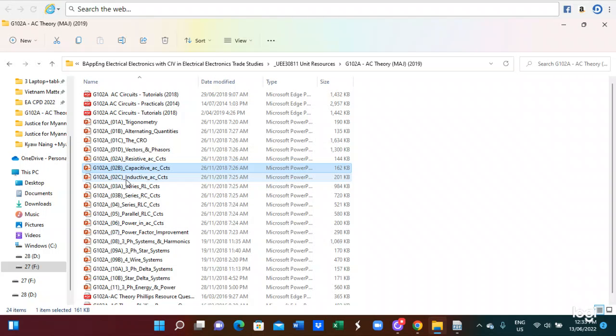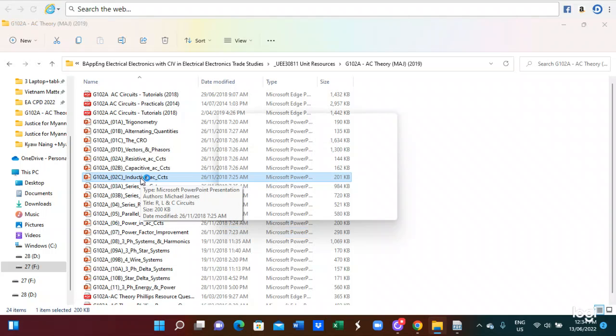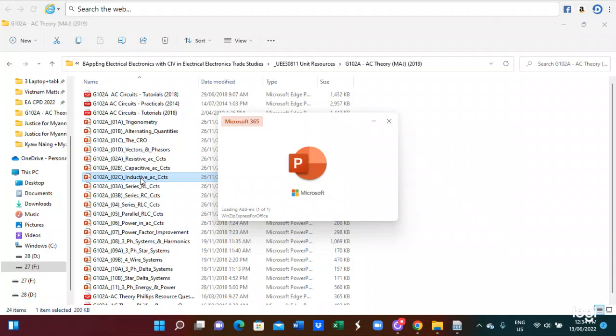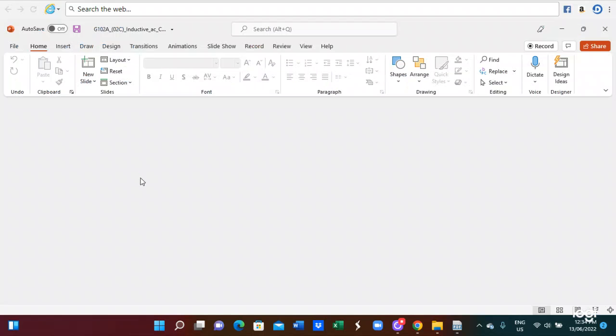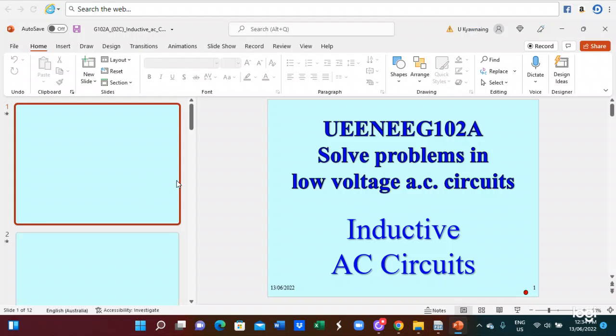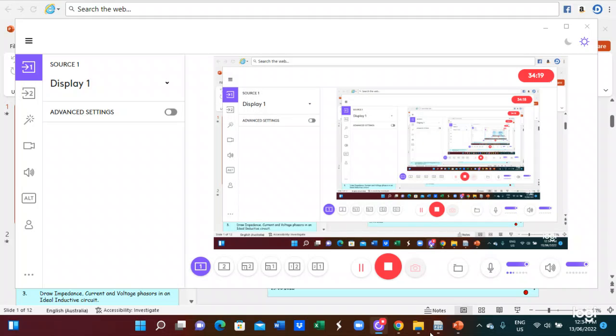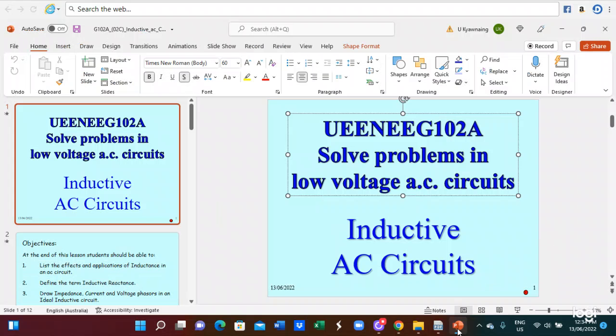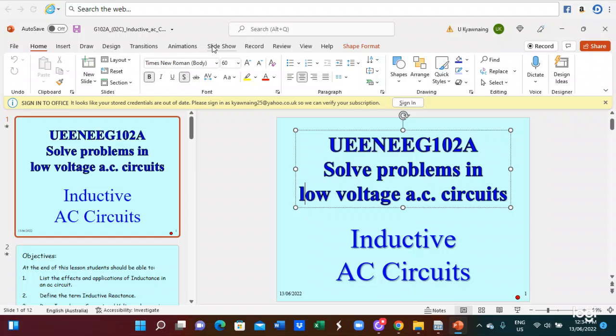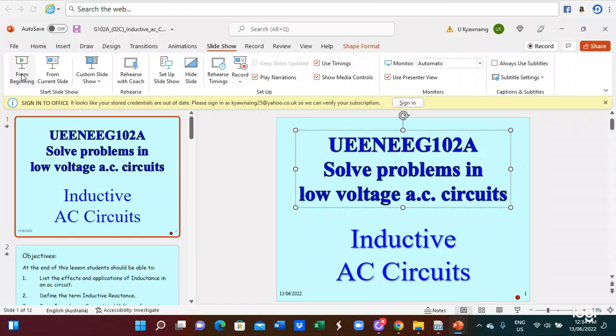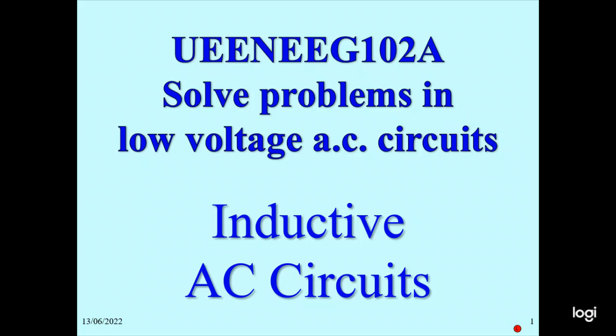Then we also talk about another topic, the inductive AC circuit. Inductive AC circuit, we talk about. So the sort of problem in low voltage AC circuit, inductive AC circuit.